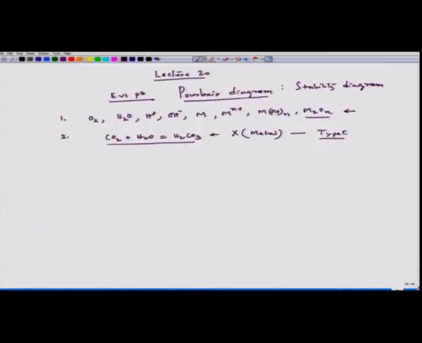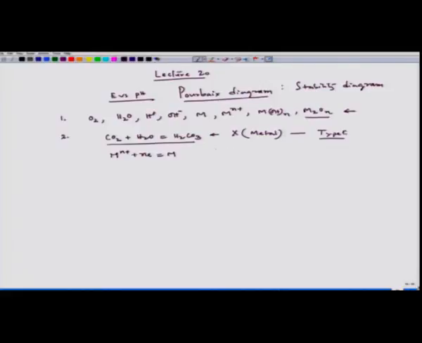Now, type 2 reaction, for example: M^n+ plus ne equal to M, where M is the metal. Since I do not know the oxidation number, I write n plus; for example, Cu 2 plus going to Cu, n becomes 2, Fe 3 plus going to Fe, n becomes 3.